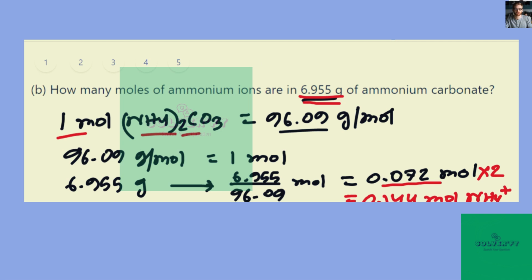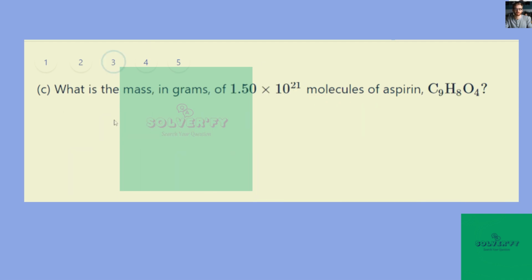Now in the next problem we have to find out the mass in grams of 1.5 times 10 to the power 21 molecules of aspirin. So how we can solve this problem?